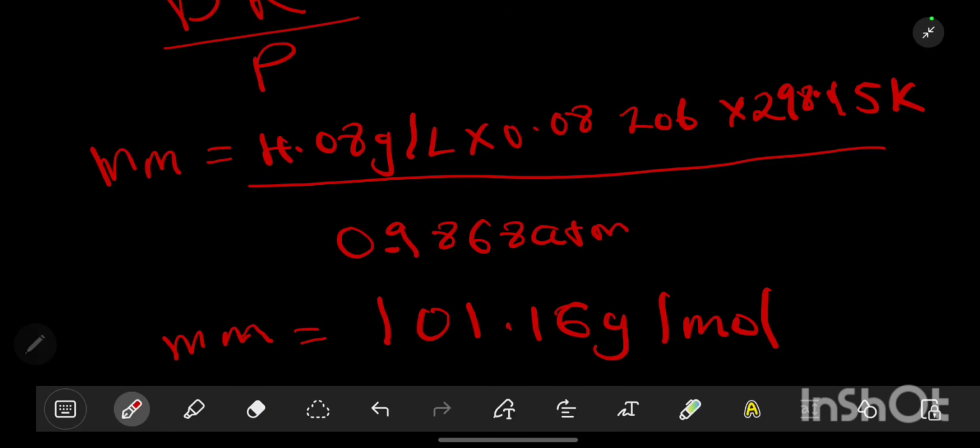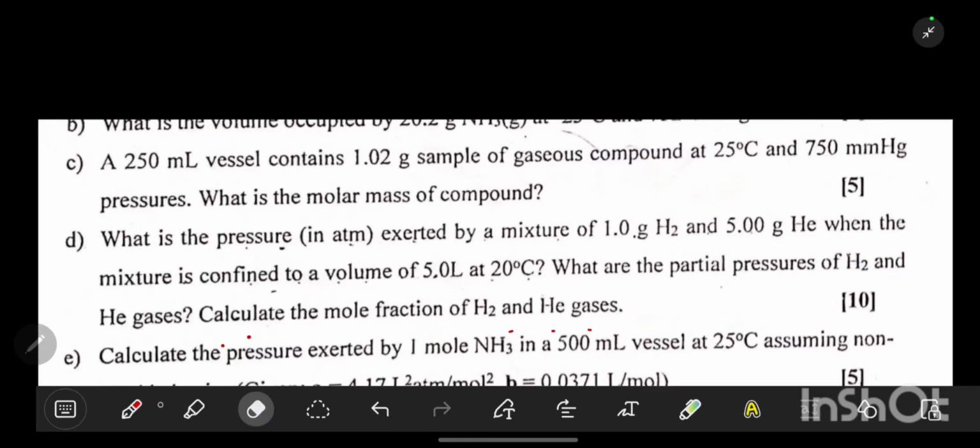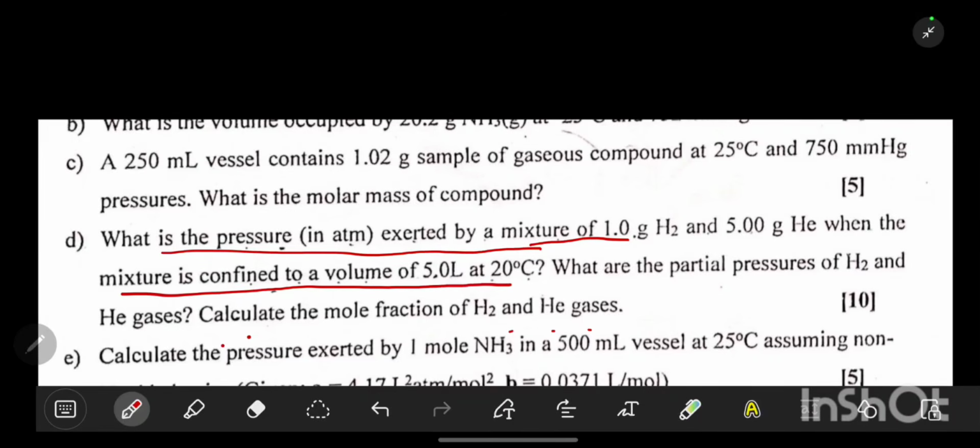Looking at the next question we have, so answering this one: what is the pressure in atmospheres exerted by the mixture of 1 gram of hydrogen and 5 grams of helium when the mixture is confined in a volume at this temperature? What are the partial pressures of hydrogen and helium?